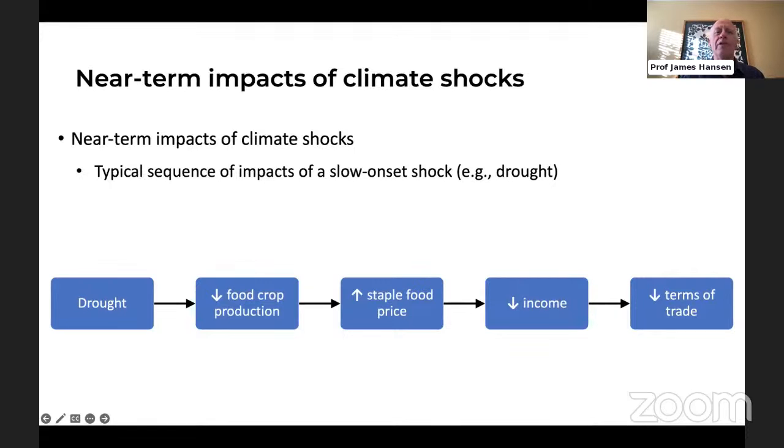When we think of a slow onset climate shock, it usually refers to drought. Drought doesn't happen in one day, but drought accumulates over time, weeks, months, sometimes even multiple years.